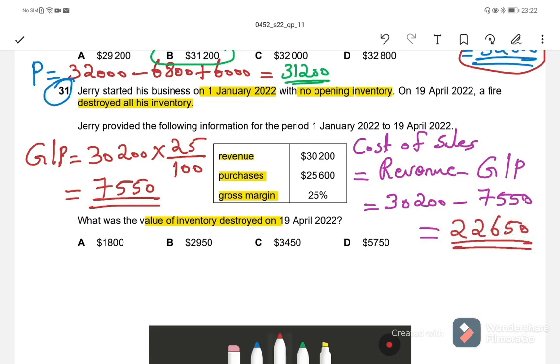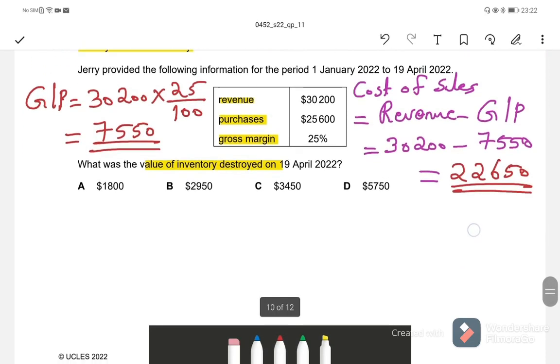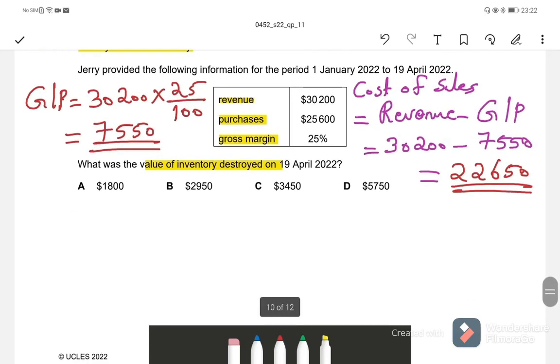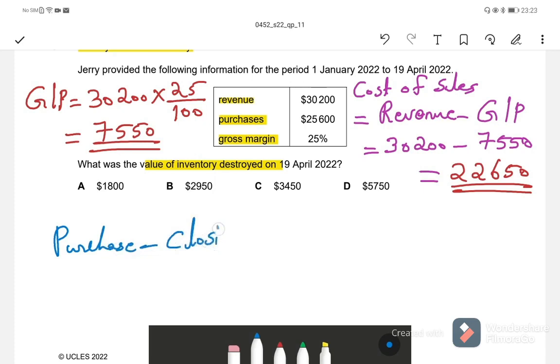Here we have to calculate the closing inventory or inventory destroyed. There is no opening inventory, so purchase minus closing inventory is equal to cost of sales.